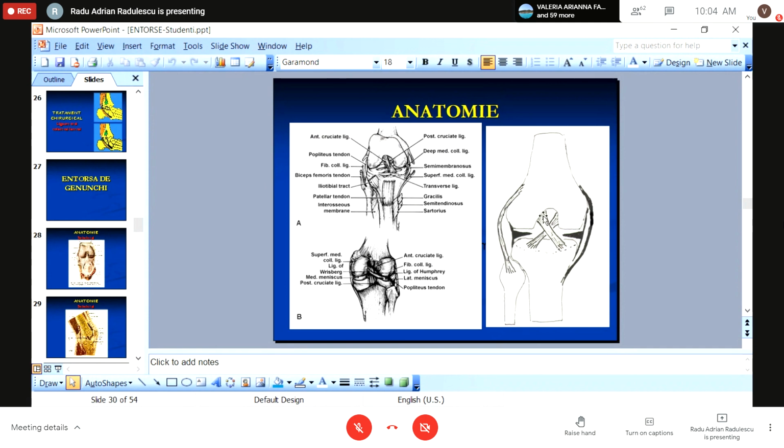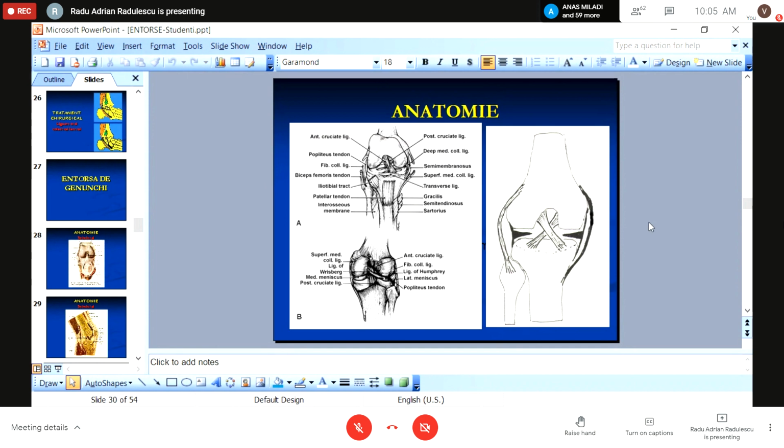Beside this ligament, we have the cruciate ligaments, two cruciate ligaments. One is anterolateral ligament, and the other one is posteromedial ligament. This one is anterolateral ligament, and the other one, which is behind the first one, is posteromedial ligament.